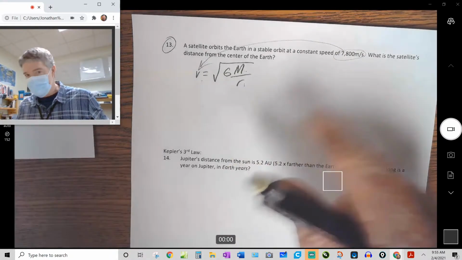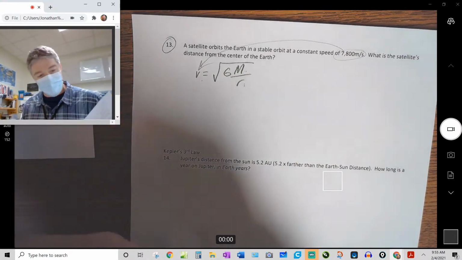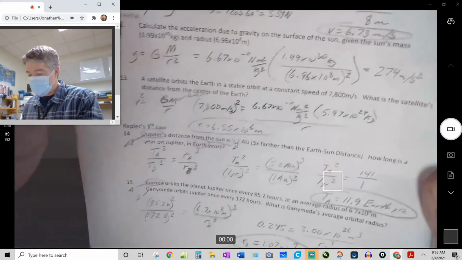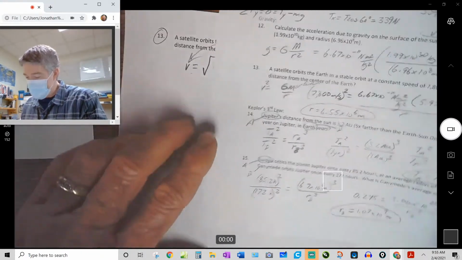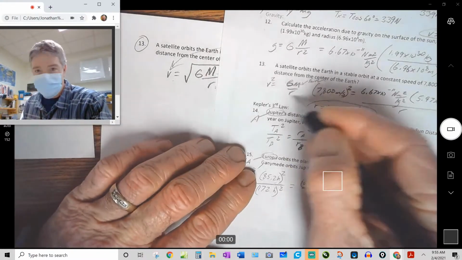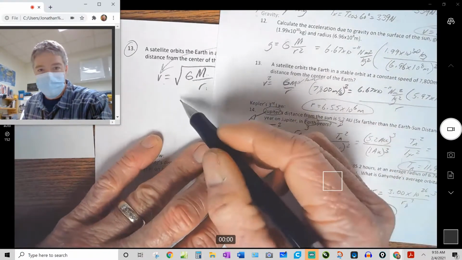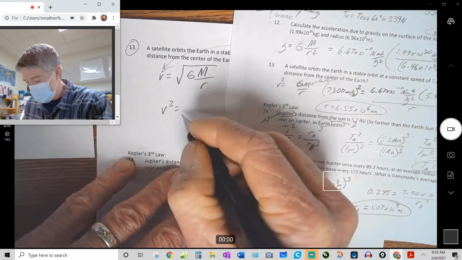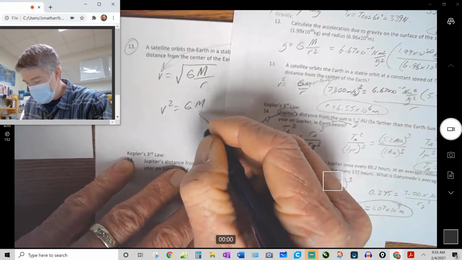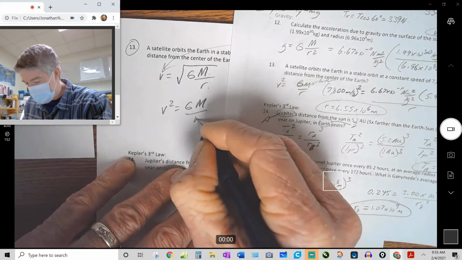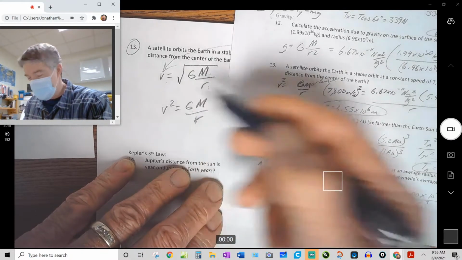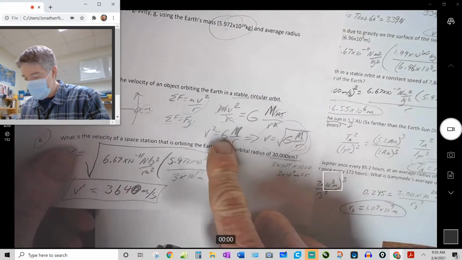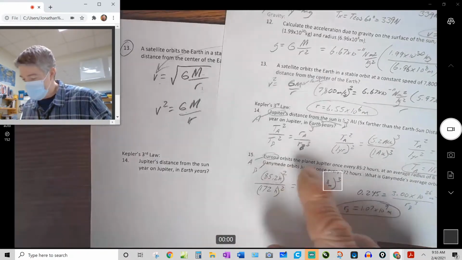And instead of doing all those steps right now, let me just show you my work from an earlier time. So I wrote this down a little bit differently here. Instead of v equals this, I have v squared equals GM over r, which is true. It's just squaring both sides of that. It's just in the derivation of this, kind of going back a step.